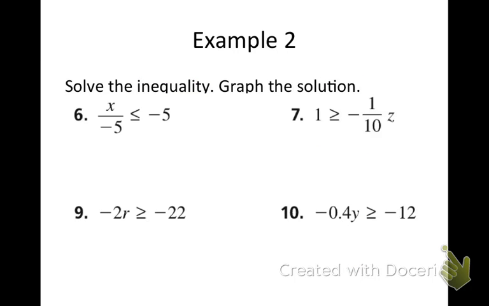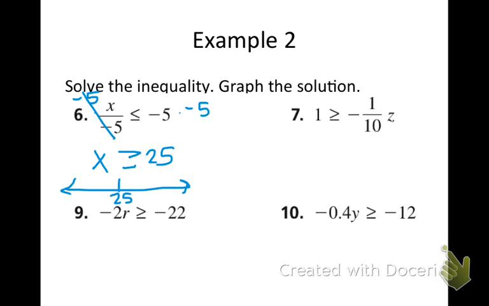So let's try some. In this example, example 2, number 6, we are going to multiply both sides by a negative 5. And again, we have nothing that will let us know that we have to reverse it other than just remembering that rule. So x would be greater than or equal to 25, and you can graph. And point to the right.